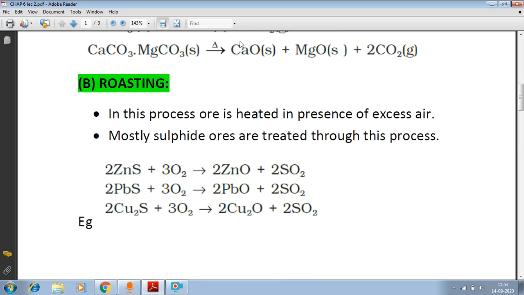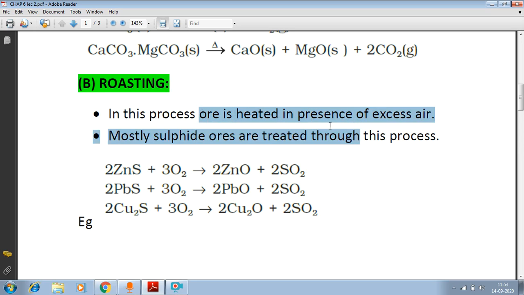The second method is roasting. Roast means to heat in the presence of air. So in this process, the ore is heated in the presence of excess air. Mostly sulfide ores are treated through this process.